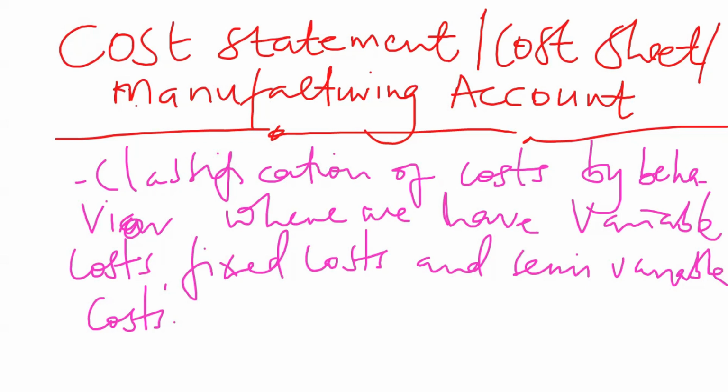Because remember we said as a management accountant, your role is to generate information depending on the needs of the user. So in this case, the examiner is our user. Whatever they tell us to do is what we actually do. So the examiner may say, I want you to just have the variable costs and the overheads. Or I want you to be showing the variable costs, the fixed costs, and maybe the semi-variable. So whatever the examiner has said is what we do, because we are depending on the user's need.